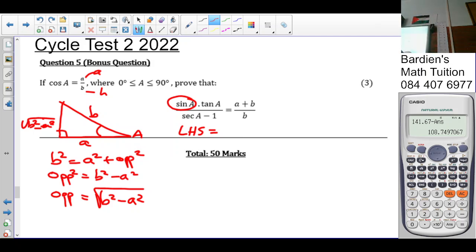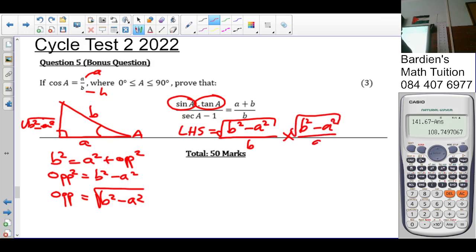So what's my opposite to A? The square root of b squared minus a squared, over b, times. What is tan? Opposite over adjacent, which is the root of b squared minus a squared, over a.